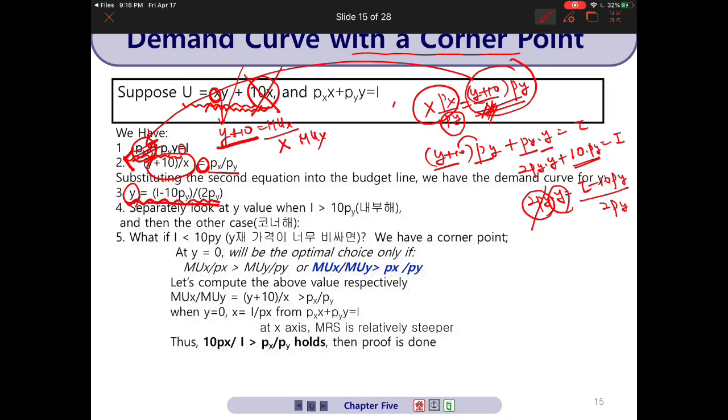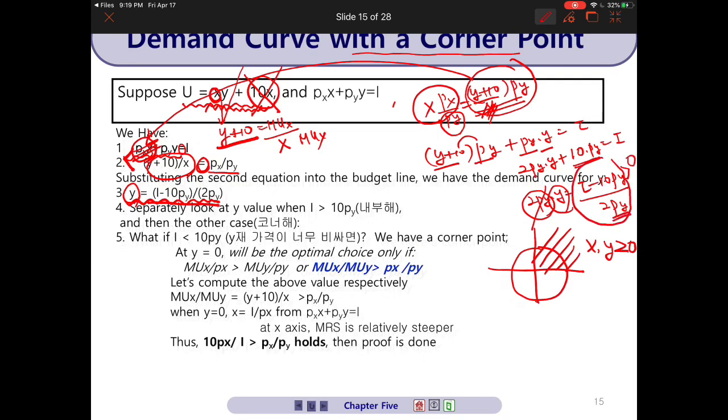Now, I said in some previous lecture, our solution is located in the first quadrant, meaning x and y should be greater than or equal to 0. Equal to 0 is a corner solution. To do so, this one should be greater than 0.